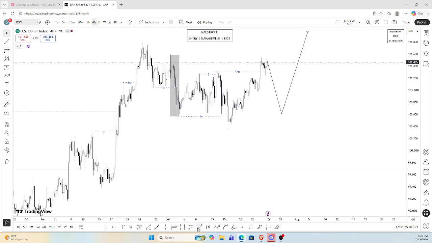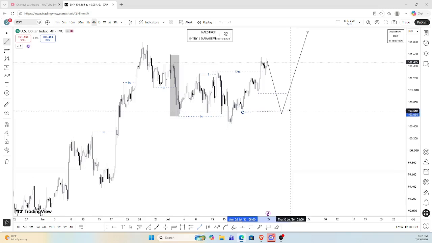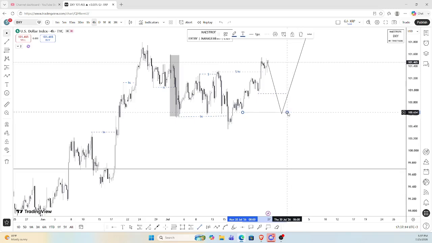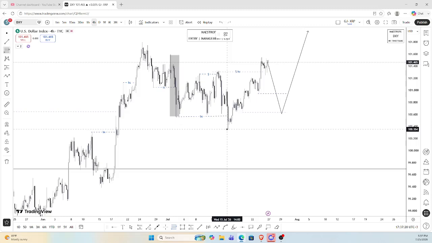I'm anticipating the markets to push higher, and it is on these levels. We have this first internal liquidity over there, we have this second, and most importantly this third internal liquidity. It is on these levels that I'm anticipating the bullish continuation will come.